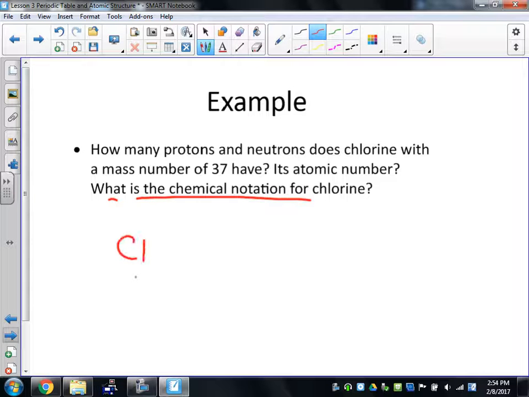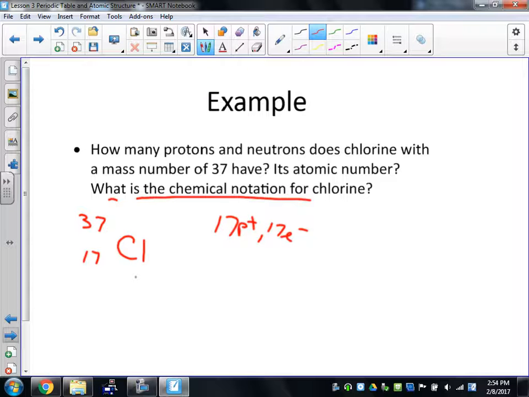Well, chlorine would look like this. And if we're going to do a chemical representation of this notation, we'd put the mass up here. It's got a mass of 37. And we know, guys, if you look on the periodic table, all chlorines have an atomic number of 17, yes? So we know that this is going to be a 17 down here. And if you want to figure out protons, neutrons, electrons, 17 protons, 17 electrons.